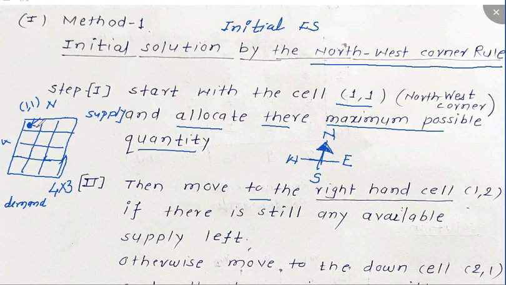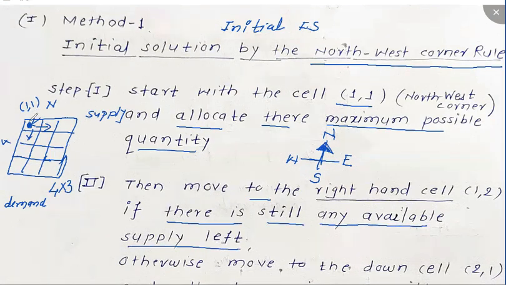Either you can move to the right hand cell 1, 2, or we can move to the down cell 2, 1. In what situation do we move to cell 1, 2, and in what situation to cell 2, 1? Move to the right hand cell 1, 2 if there is still any available supply left.